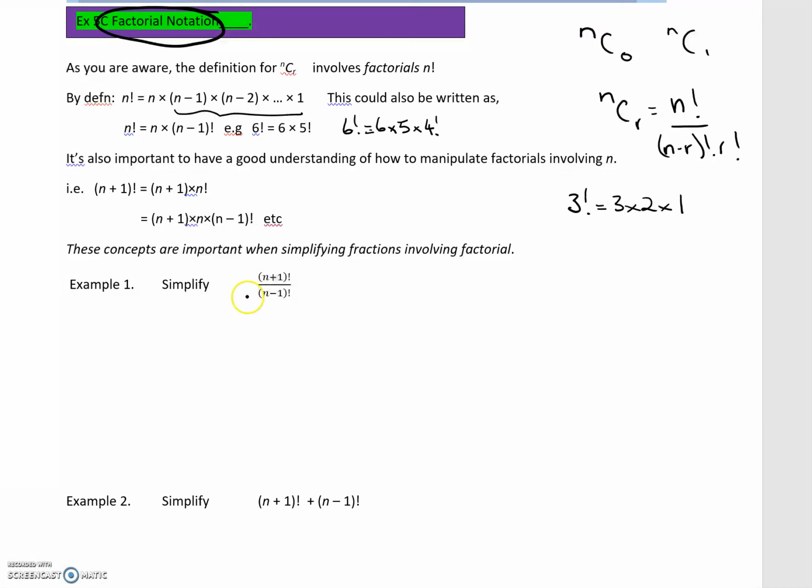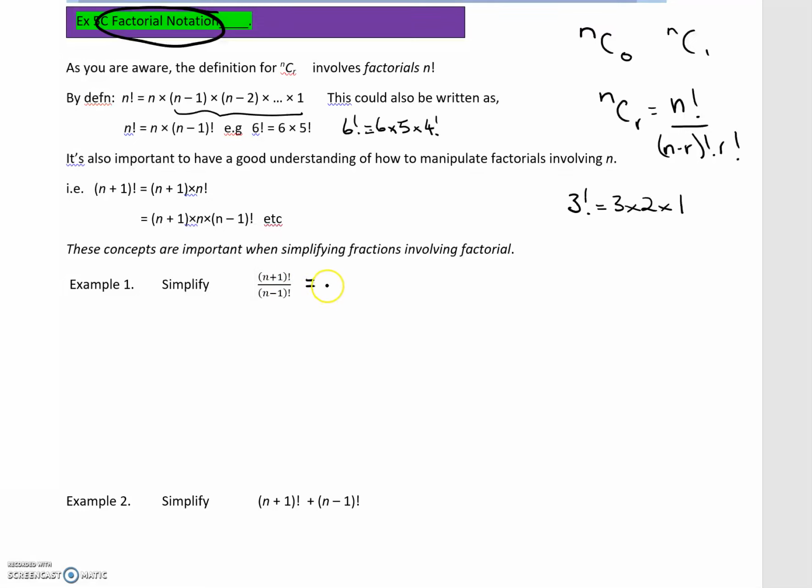So nothing's changing there. We know that if we want to simplify an algebraic fraction, then we can't do any simplifying with addition and subtraction signs, let alone the complication in this case of a factorial sign.